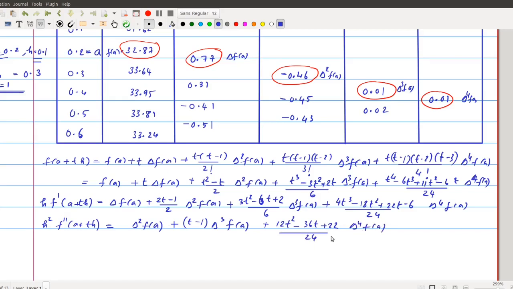Okay, so these are the formulas. If you remember these formulas, you can directly write them. Now you substitute for the values.